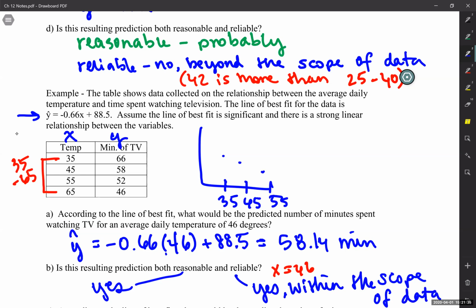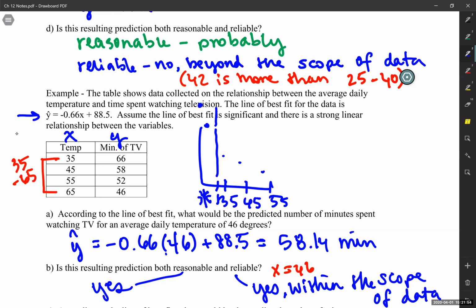But what happens when it starts snowing? 32. Freezing. Maybe I'm going to be watching 4 hours. Maybe I'm going to be watching 8 hours of TV because it's so cold, I can't possibly want to go outside.